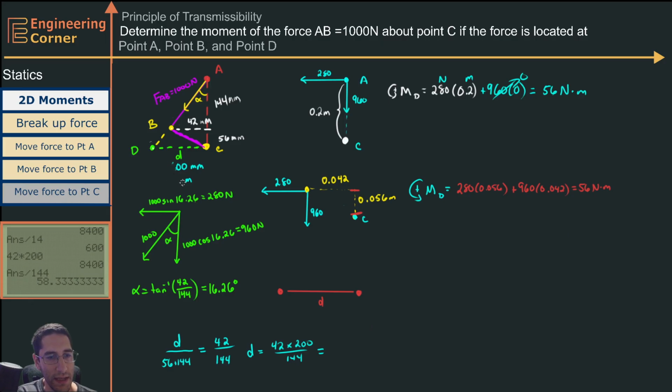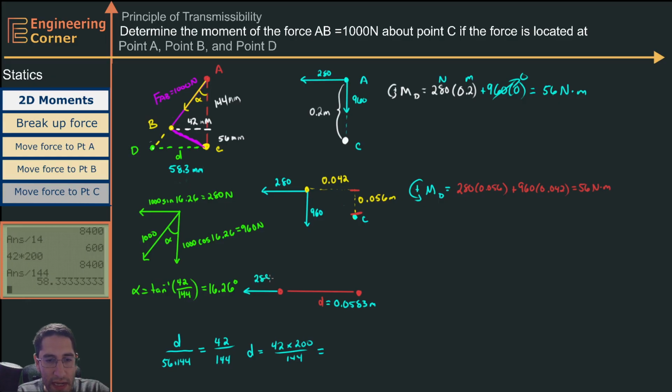That 600 just seemed way too big as I was doing this. So this is 58.3 millimeters, which seems a lot more reasonable. Okay, so we know this distance is 0.0583 meters.